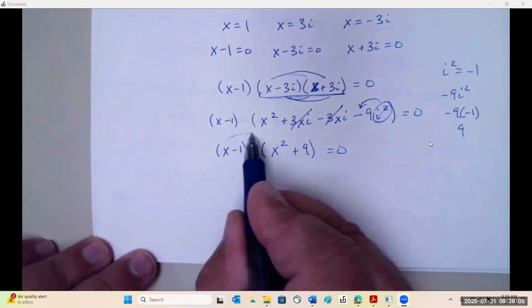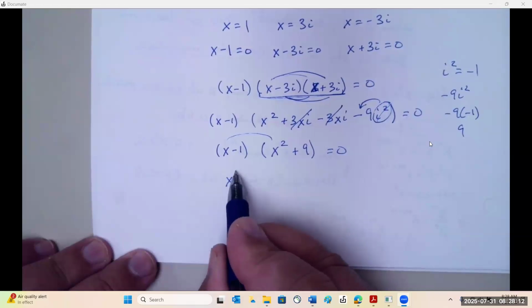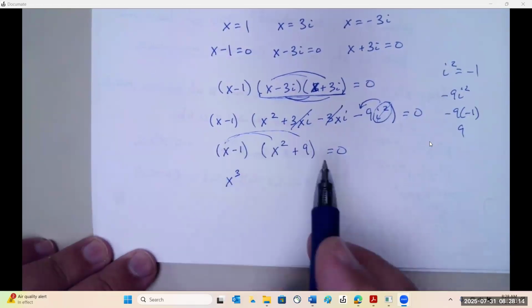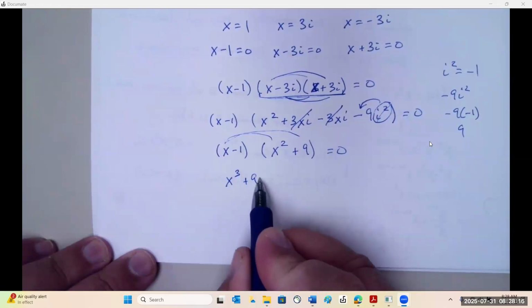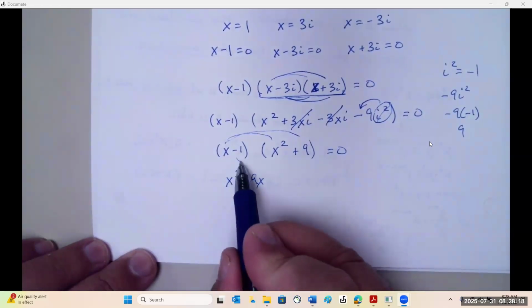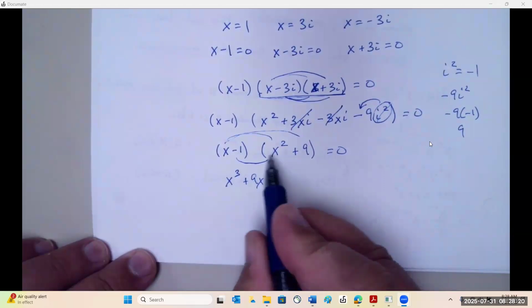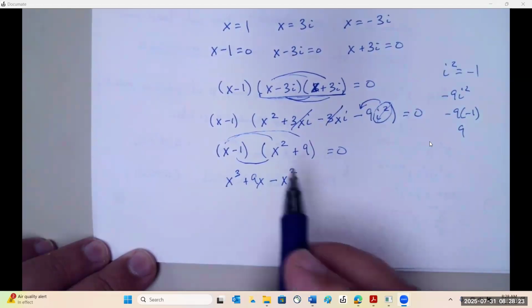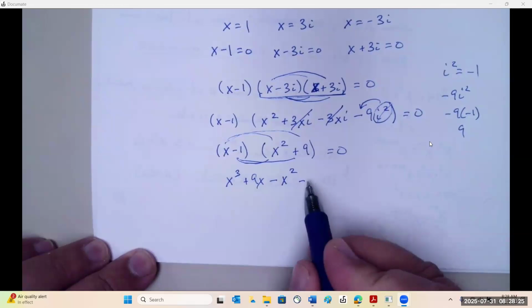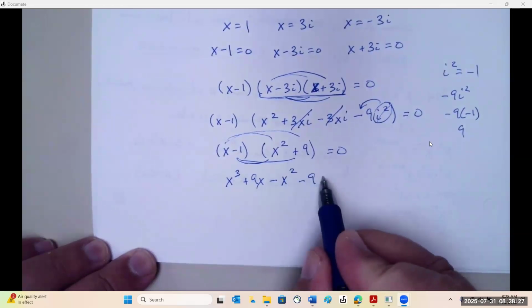Now multiply again. x times x squared is x cubed. x times +9 is +9x. Negative times positive is negative. 1 times x squared is x squared. Negative times positive is negative. 1 times 9 is 9.